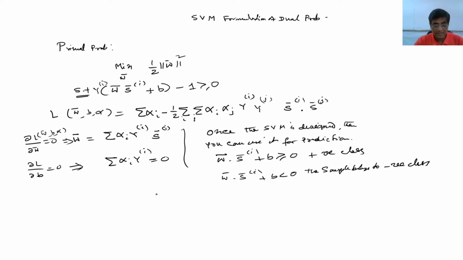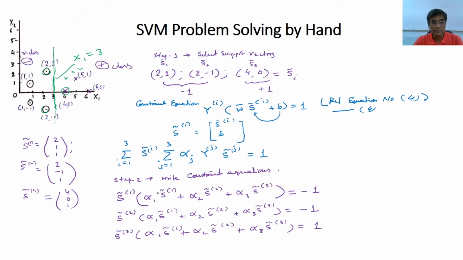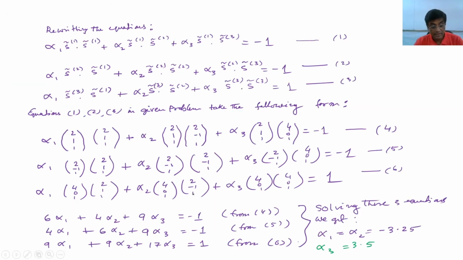The problem is, if you remember, we assumed that I have samples and these are my support vectors, and this is a toy hand calculation problem. That is fine, but normally nobody is going to tell us that these are my support vectors.